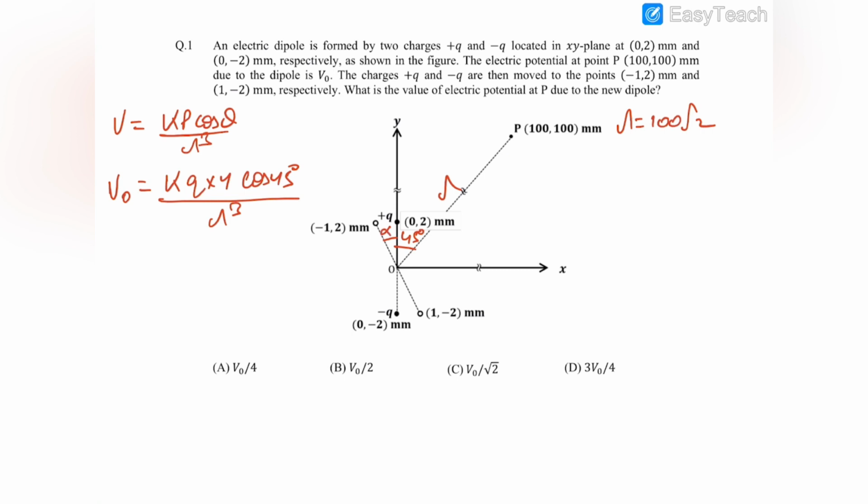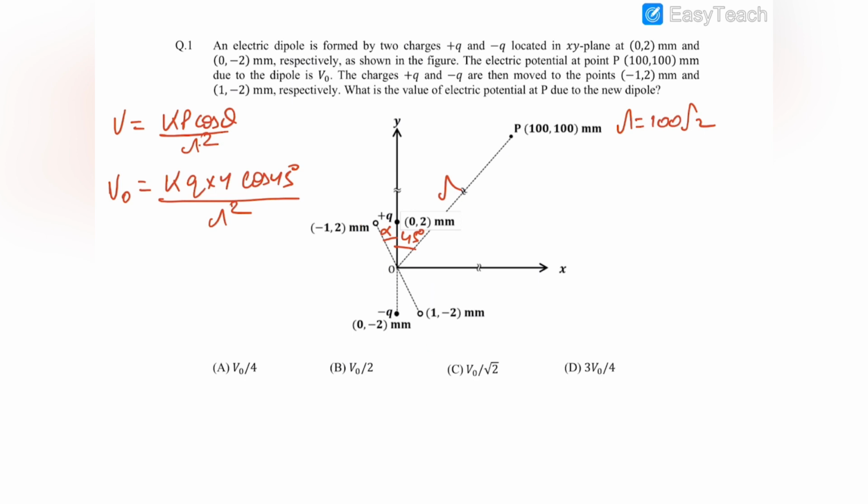So the new length of this line, you can see that the length of this half line is root 5, and this is root 5, and this is r square. So this total length is 2 root 5.